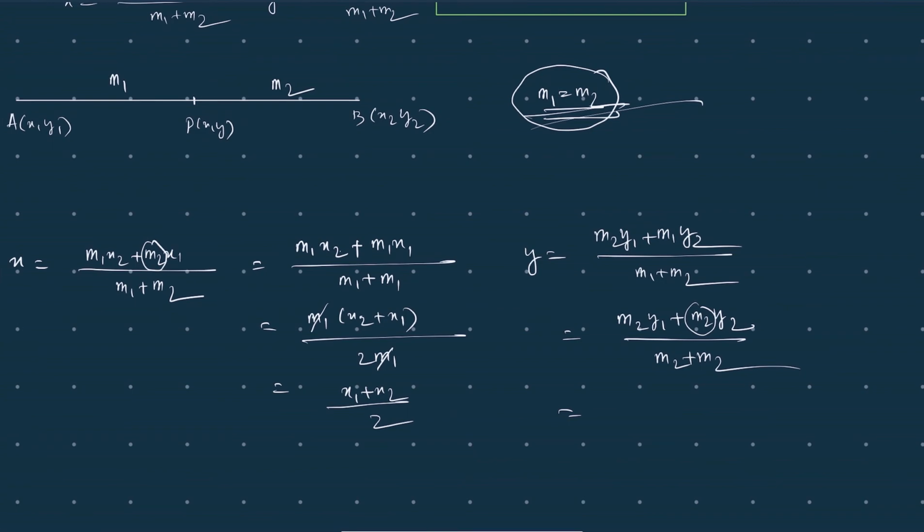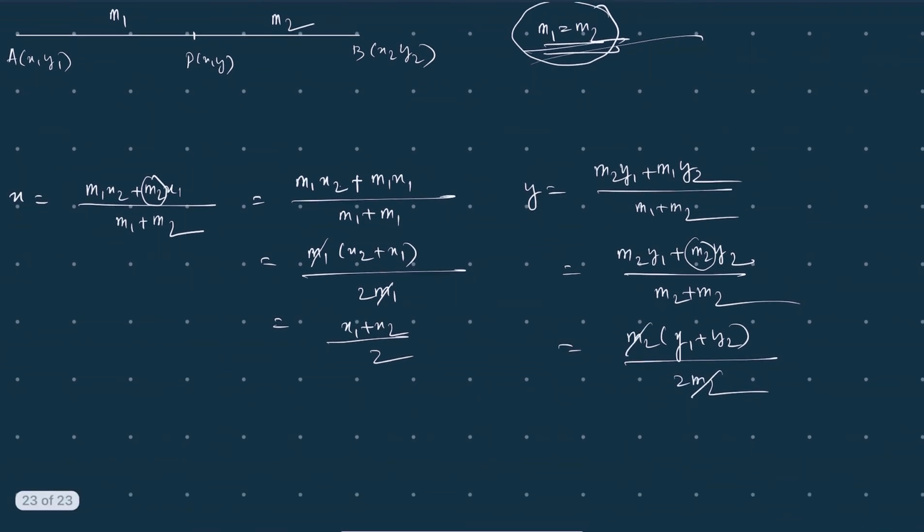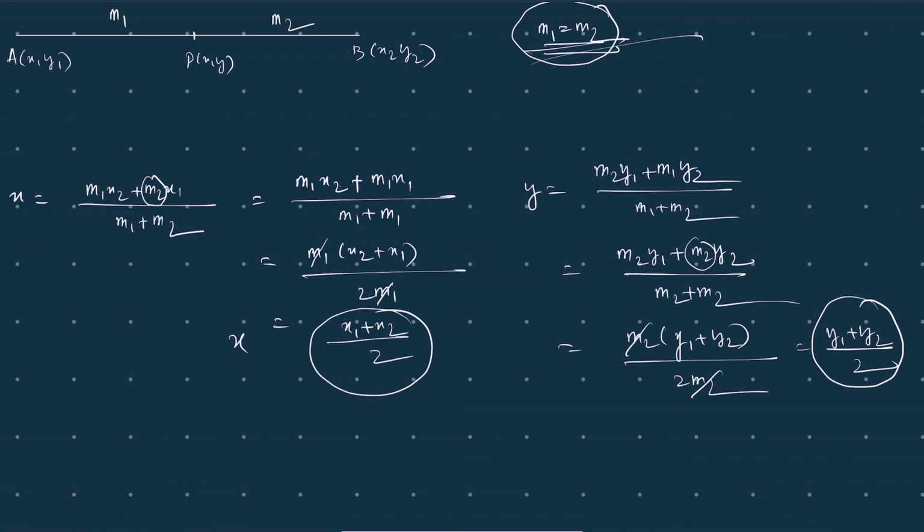Okay, so now take m2 common outside, so y1 plus y2 by 2m2. So m2 and m2 cancel out each other. The answer will be y1 plus y2 by 2. This is called the midpoint formula.